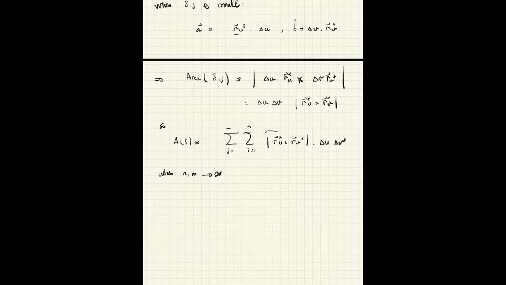This is a function, evaluated at the point U star, V star, and it's a function of U and V. Now this one becomes the interval A, and this one becomes the interval B. So this is the double integral we've been talking about for the last couple of weeks. This is the reasoning behind it.